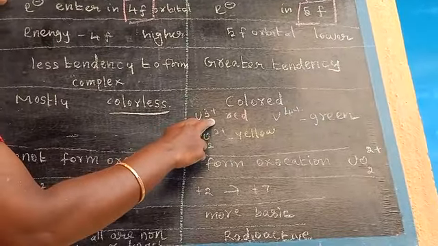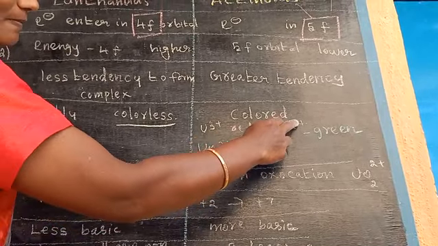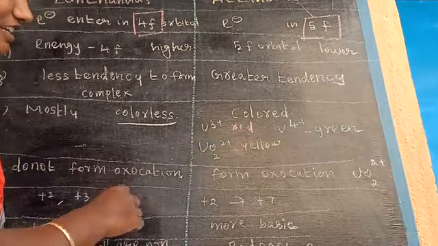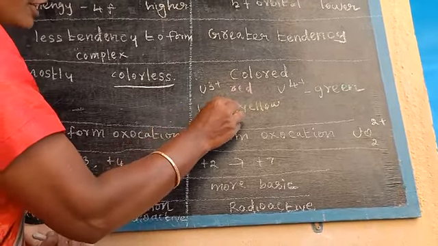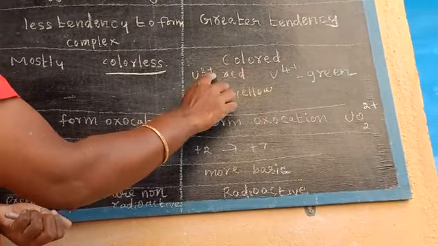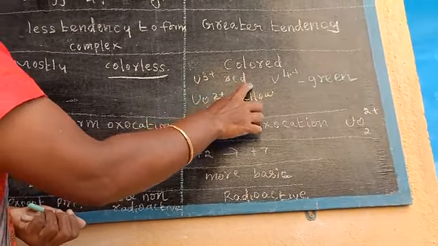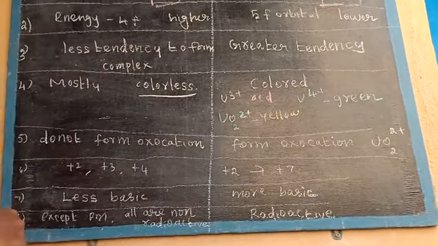Uranium in the +3 oxidation state is red in color. Uranium +4 is green in color, and UO2 2+ is yellow in color. Okay, so this is a one word question, children. So study the colors: U3+ red, U4+ green, UO2 2+ yellow.